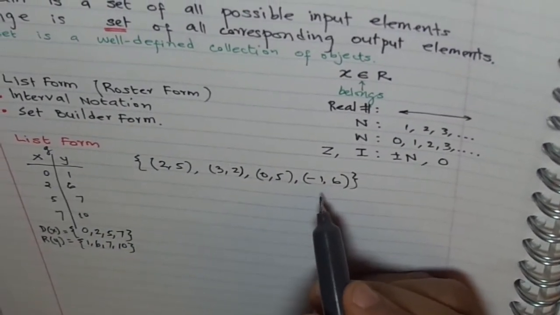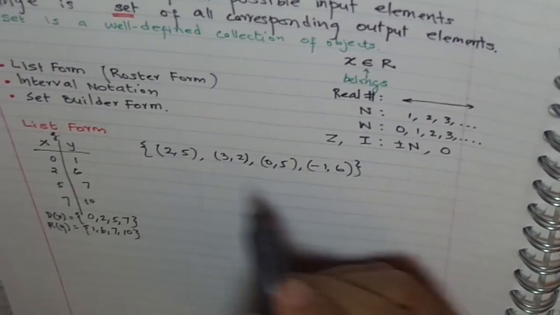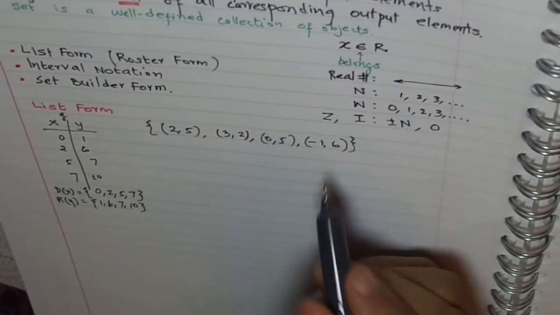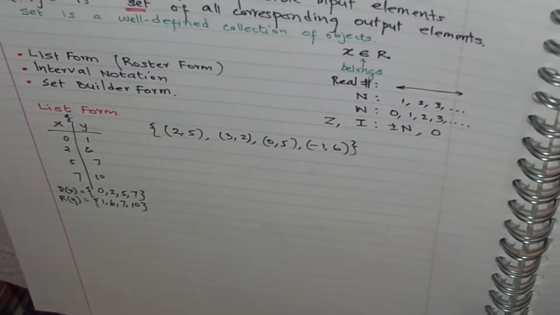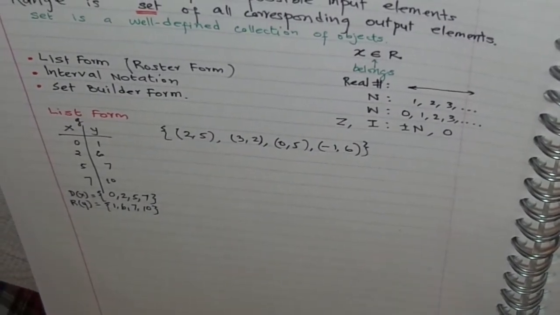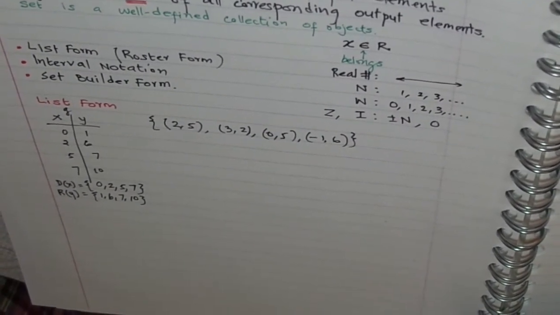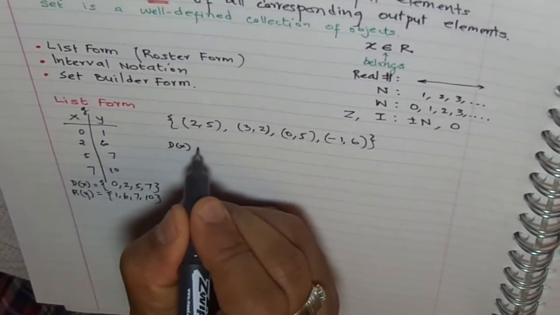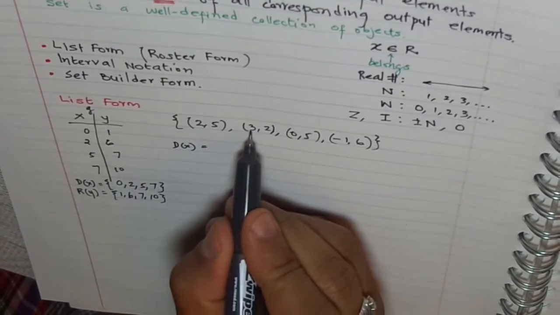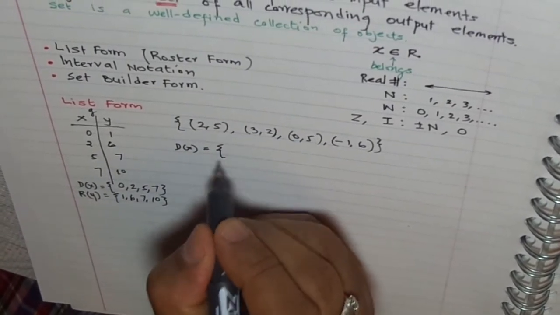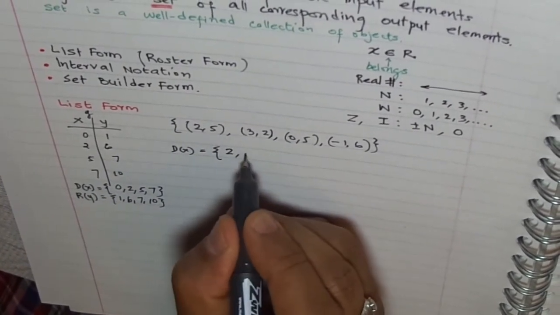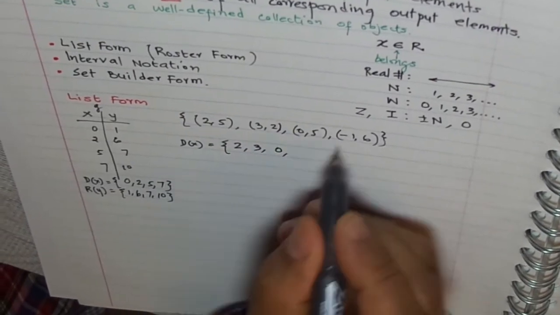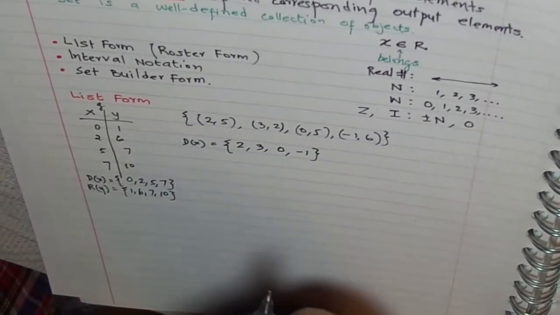Well, you can write domain and range of a relation also, right? But we are at present just considering functions, trying to focus on functions. Anyway, now domain here is these x values. So we'll just list them as 2, 3, 0, -1.